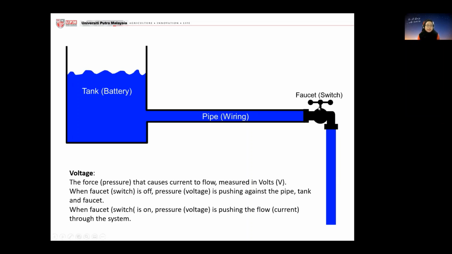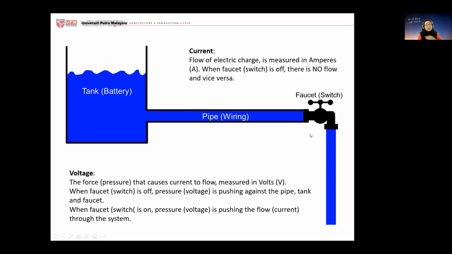When it's off, so this is not connected, you have your pressure here, pushing against the pipe, the tank, and the faucet. Whereas when you turn it on, the pressure will push the water, or the current, through the system. So voltage is always going to be there.